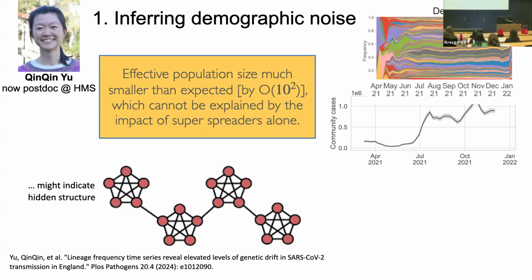if you think there is an underlying spatial structure where you have continuously happening sub-outbreaks in different parts of the population. So just imagine that the population can be decomposed into cliques of certain sizes.